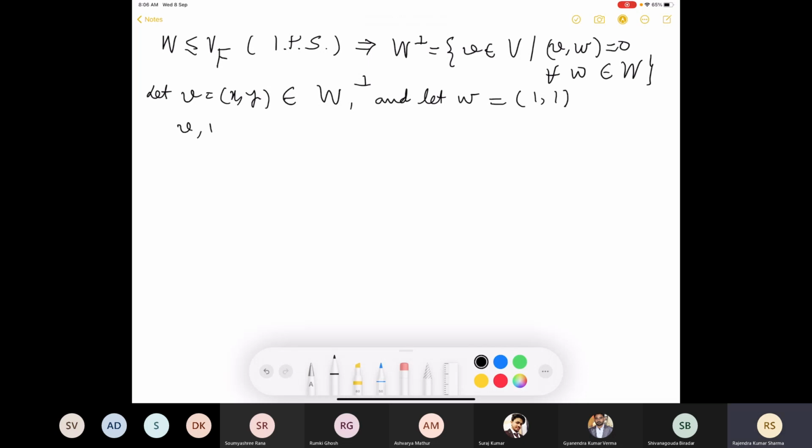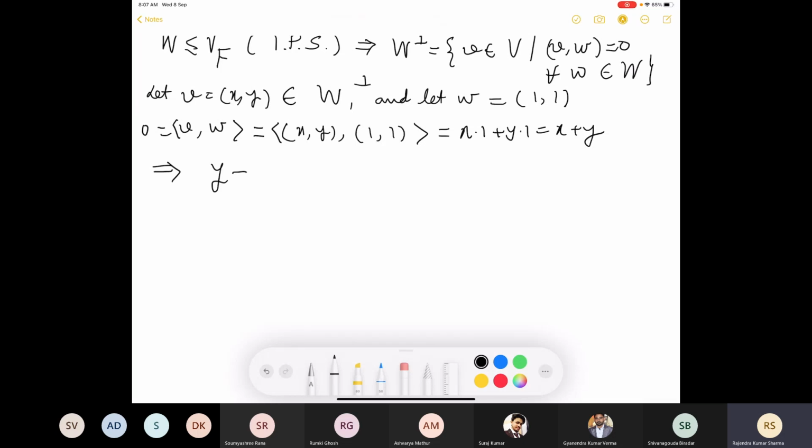Now the inner product should be 0. So this is the inner product of (x, y) with (1, 1). This should be 0. That means x into 1 plus y into 1, that is x plus y, should be 0. Now x plus y is 0 means y is equal to minus x.